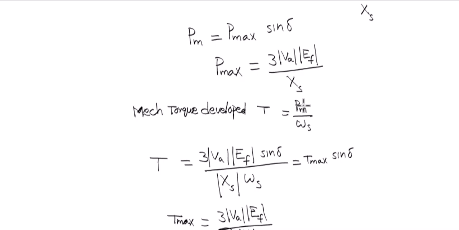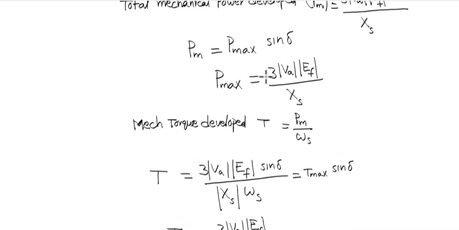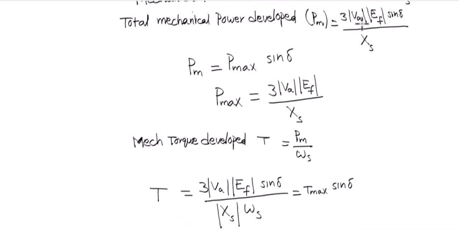The mechanical power developed equation is already calculated, that is 3 Va Ef sin delta by Xs. So this value is written here in the torque equation, that is Pm by omega s. In place of Pm, this is written here.